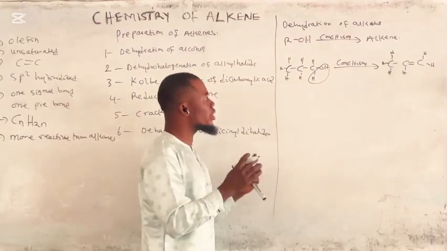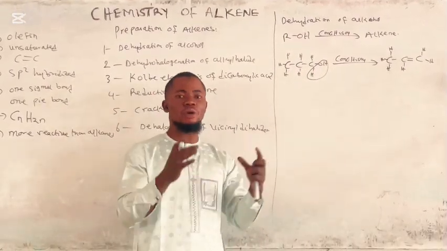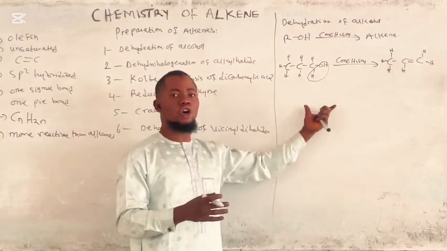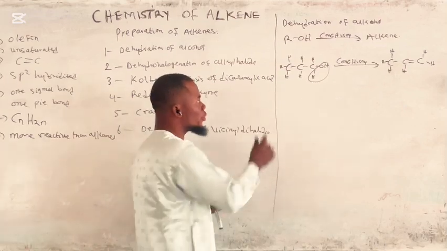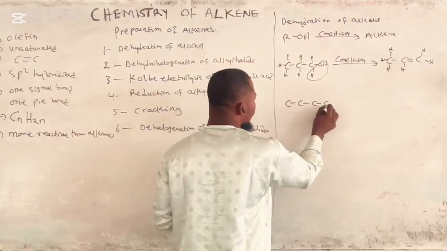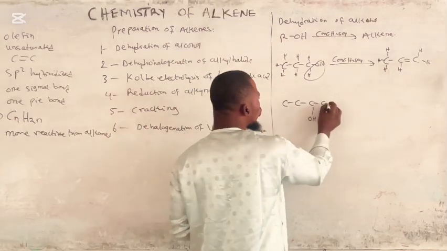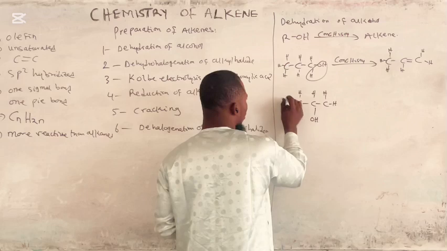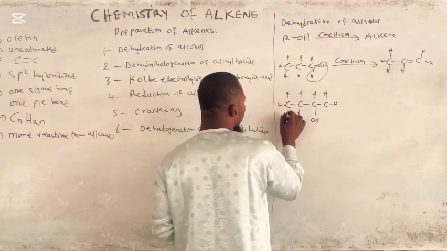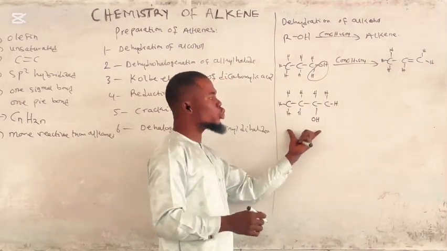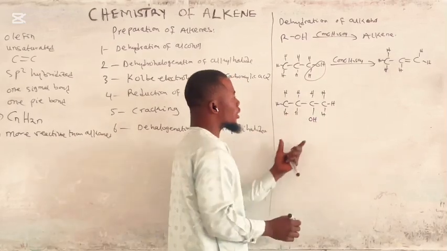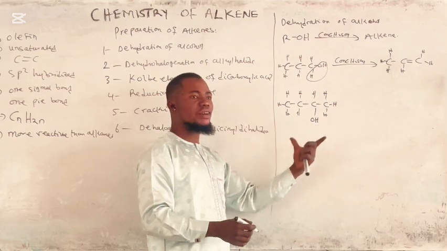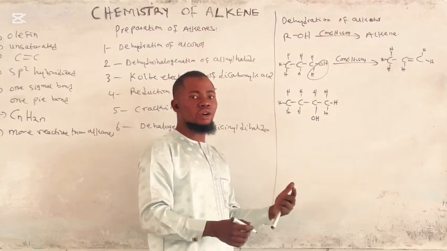Now we also know that in this dehydration reaction, you can have two products depending on the location of the OH in the reactant. For example, if you have butan-2-ol and you dehydrate it, you can have a major product as well as a minor product.